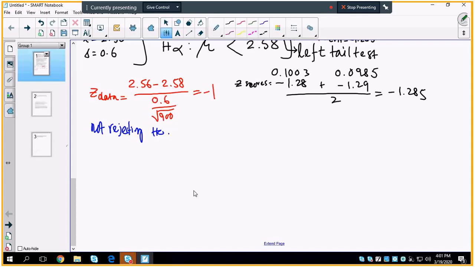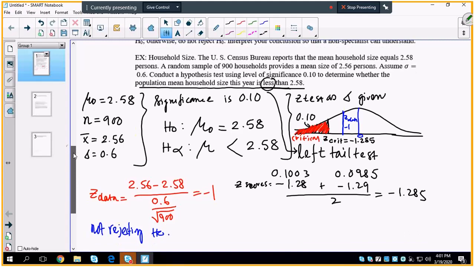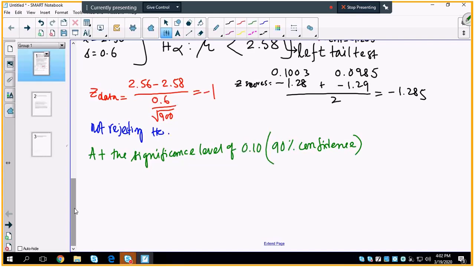So always when you do testing, be very careful about your interpretation. So we'll say, at the significance level of 0.10, so 0.10 significance actually means 90% confidence. So these are related. I just wanted you to know that. At the significance level of 0.10, there is not enough evidence.